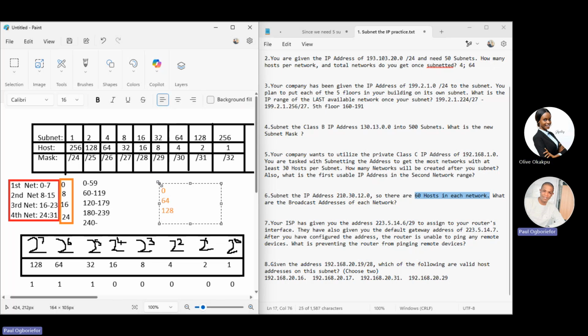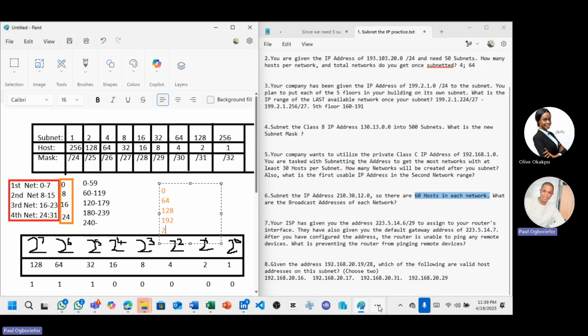The next one, 192. And the next one will be 224? No, 192. We are doing 64, not 60.